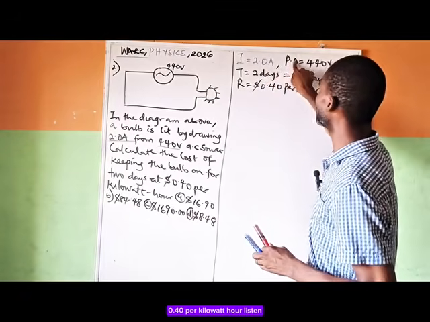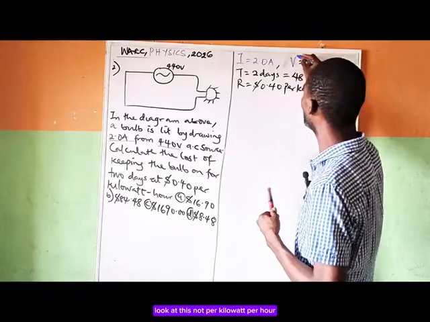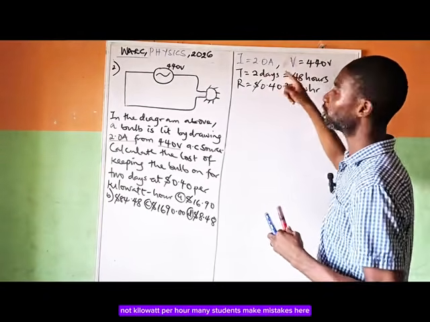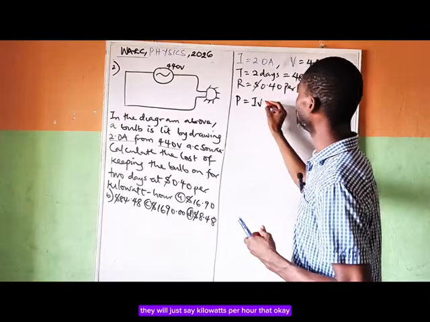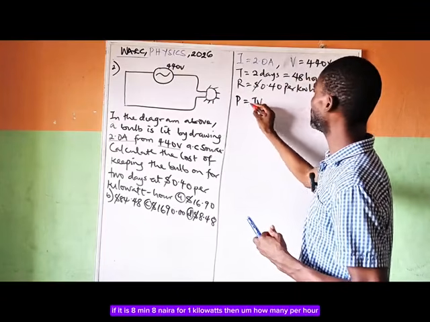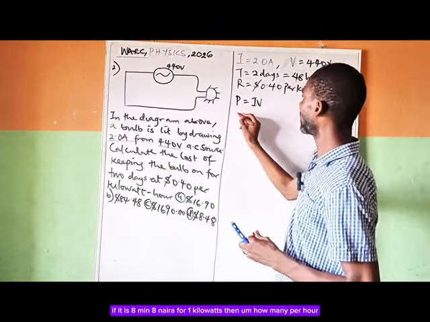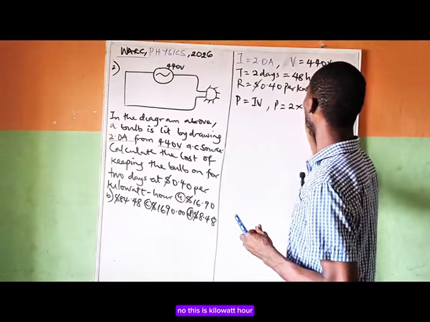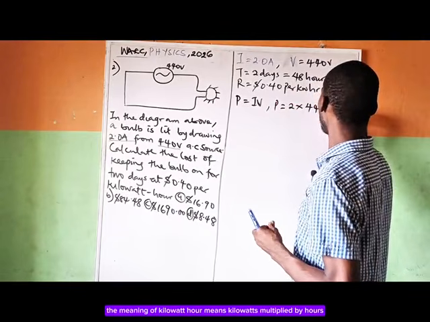So let me represent your potential difference with voltage V. What's the formula that connects current to voltage to power? It is P equals IV, where P is power, I is current, V is voltage. So P equals I, which is 2, multiplied by V, 440. That's going to be 880 watts.